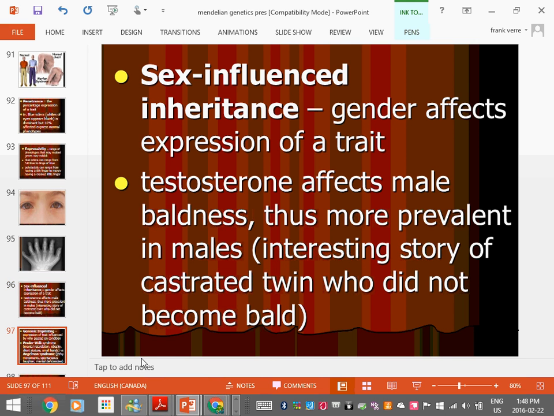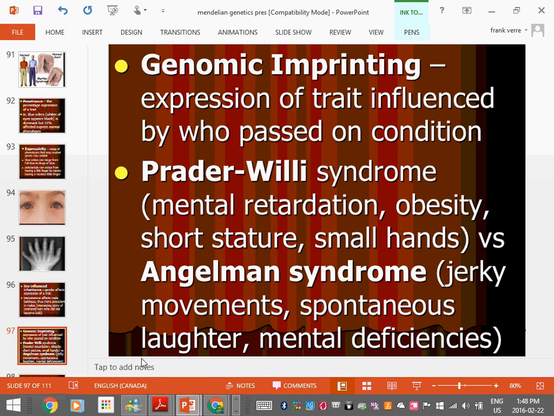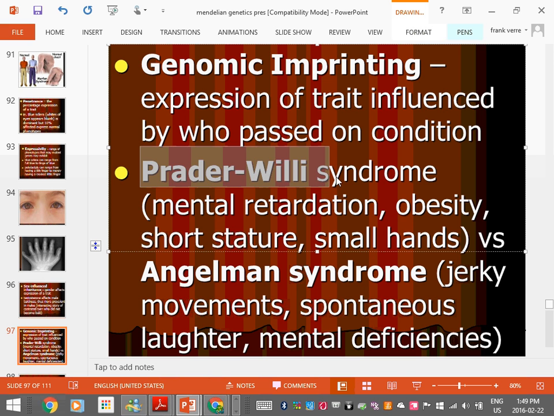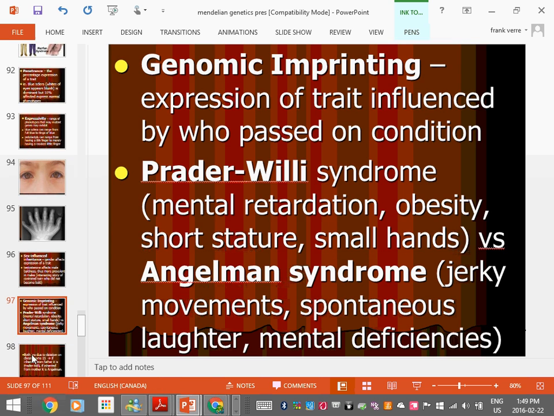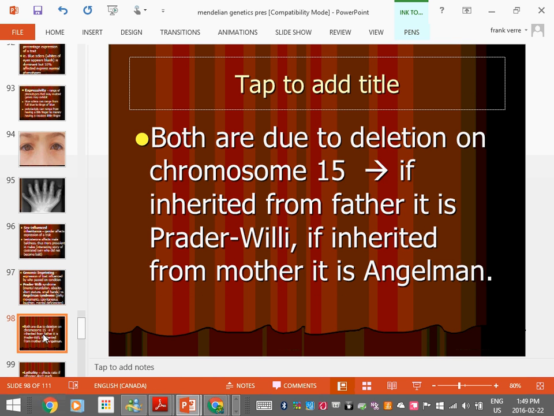Okay. Here's some other stuff. Genomic imprinting. We assume that if you get the gene, it doesn't matter who you get it from. If you get Huntington's, doesn't matter if it's from your dad or your mom, it's bad. In genomic imprinting, it actually does matter. So here are two different syndromes, Prader-Willi, Angelman, different symptoms, and it comes down to who gives it to you.